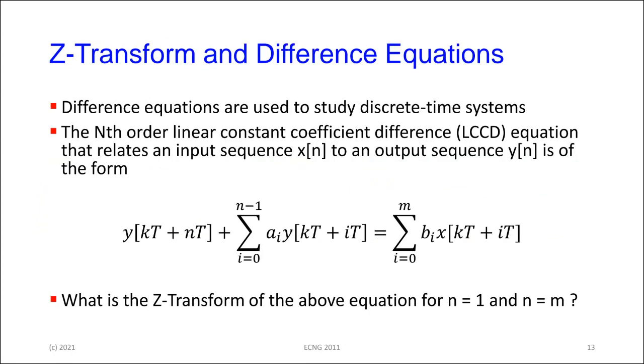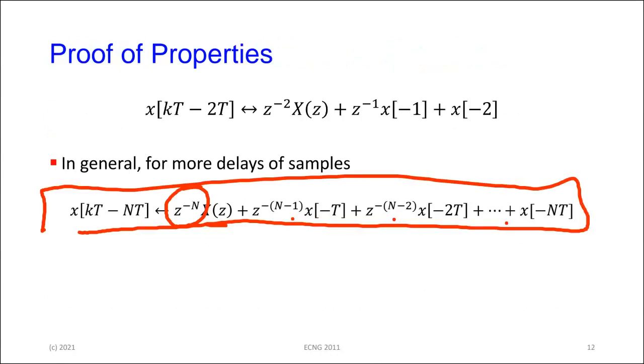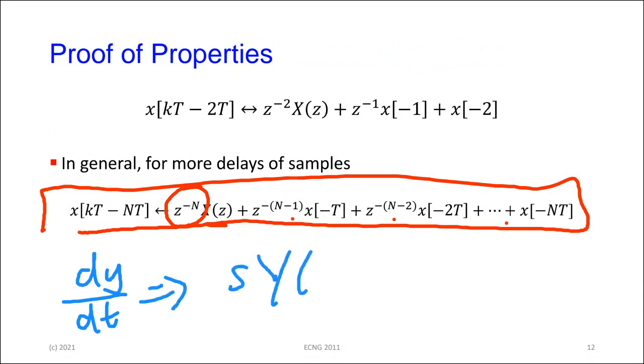This is kind of like, now notice this. What happened with the Laplace transform when we did derivatives? You remember the first derivative, dy/dt. If you transform that, you got sY(s), right? And what did you have? Minus y(0).